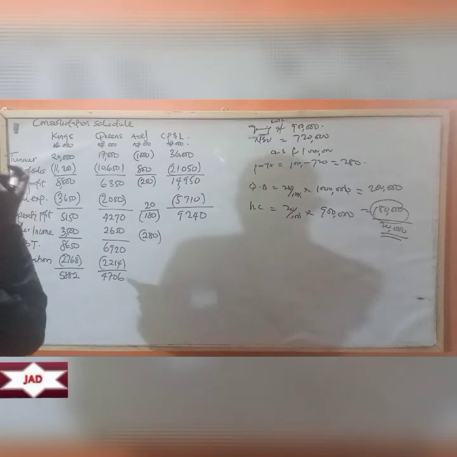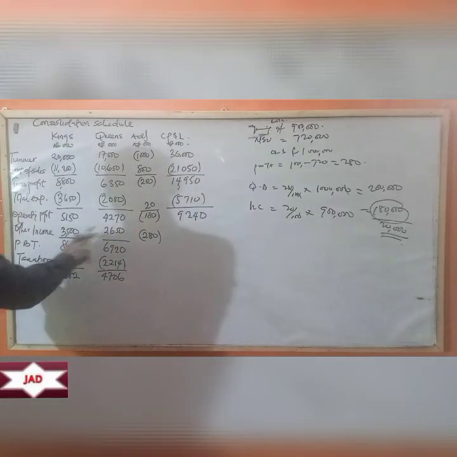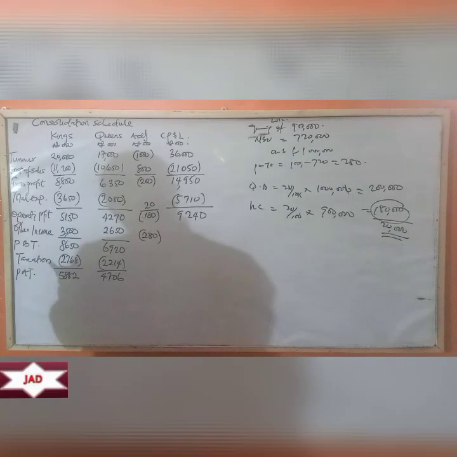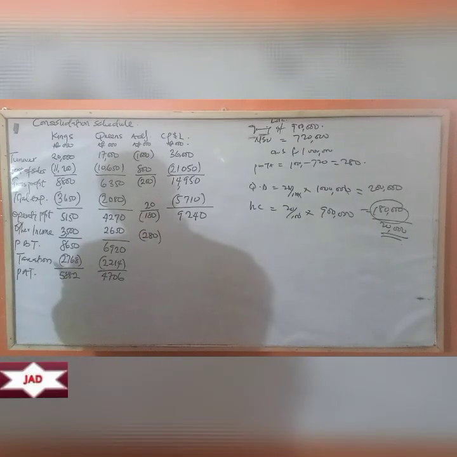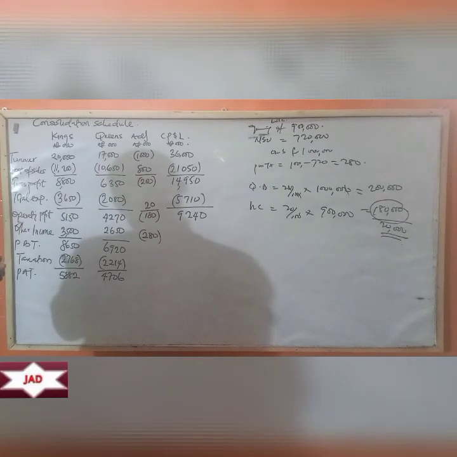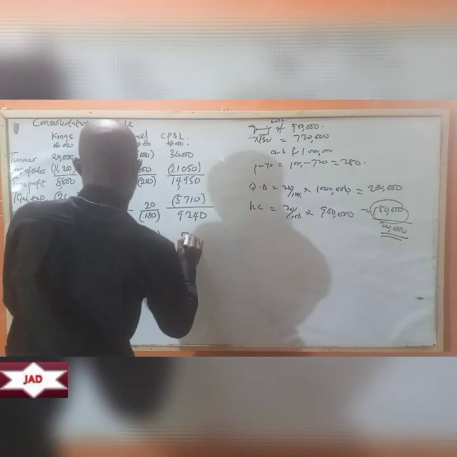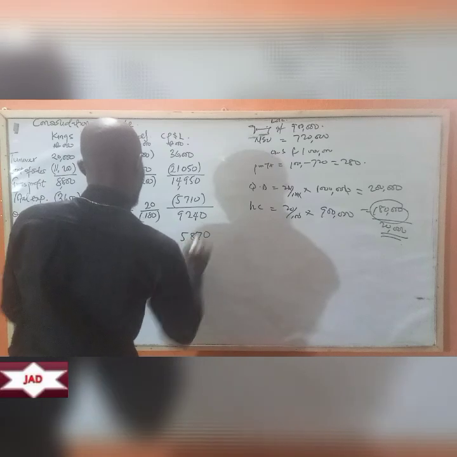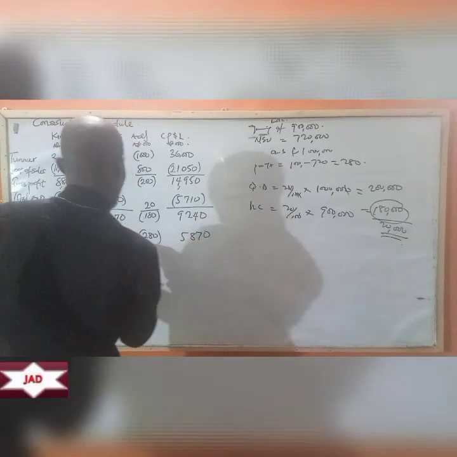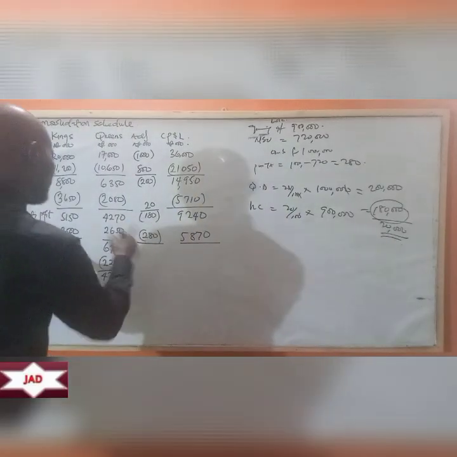Okay, so other income will be 35 plus this 3500 plus 2650 minus 280. So this will be 5870. Okay. So this negative 180, negative 280.